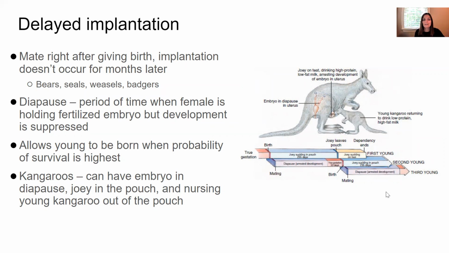So that's a pretty unique example. Usually most mammals wait until they've totally weaned one young to have the next set.